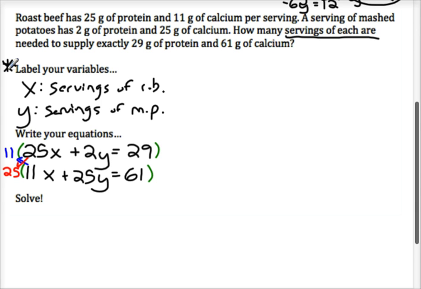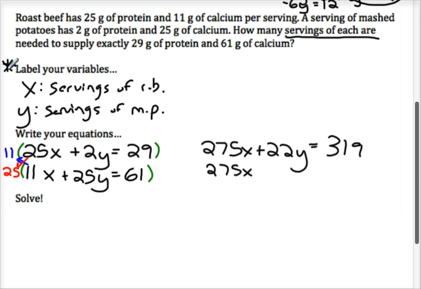If you do that, this will always end up working, because let's look at the equations we end up getting. My whole first equation is multiplied by 11, so I'm going to get 275x plus 22y equals 319. Absolutely everything was multiplied by 11. And my bottom one, everything was multiplied by 25.